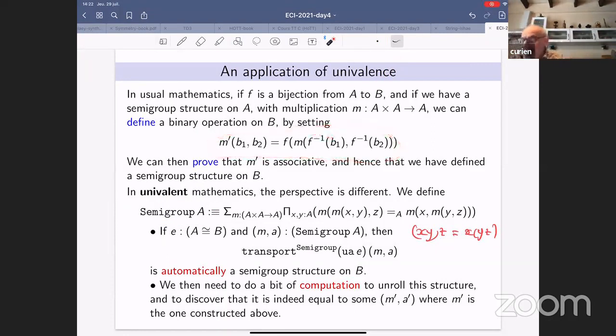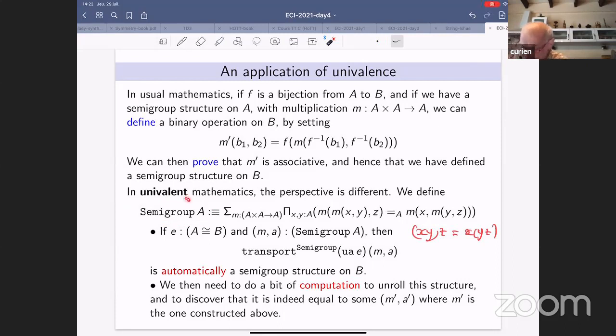Of course, this is not a big deal because anybody would come up with this definition. But it's conceptually interesting to see that univalent mathematics provides you with something, and if you want to see exactly what it is, you have to work.